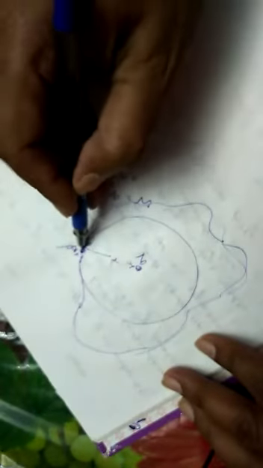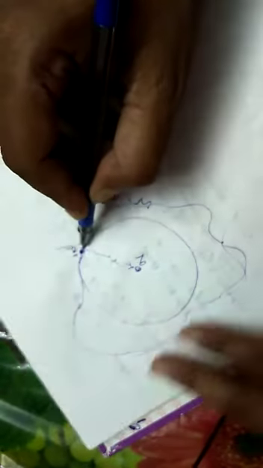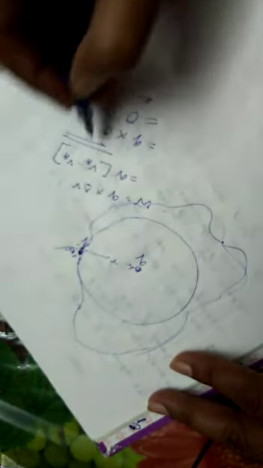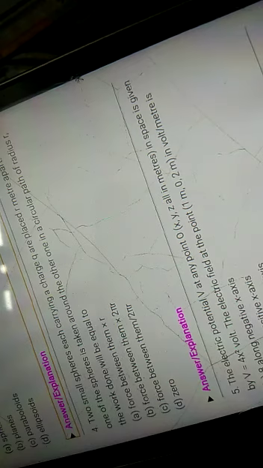Even if it is not moving along an equipotential line, if it moves in a randomly chosen closed path, you will see that the net work done has to be 0, because the potential before the start of the journey is VA and after finishing the journey it is again VA, so the net potential difference has to be 0. So work done is 0. So 0 is going to be the correct option for question number 4.